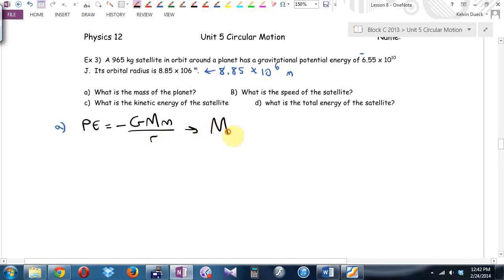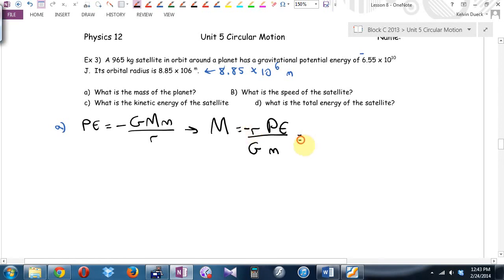I think the mass of the planet is going to be R times PE over big G, little m. There's going to be a negative, although I'm also going to put in a negative for the potential energy. The negatives are going to cancel. Yeah?